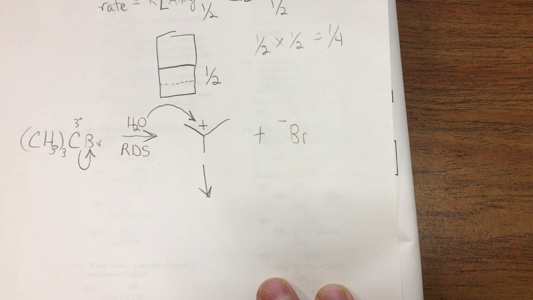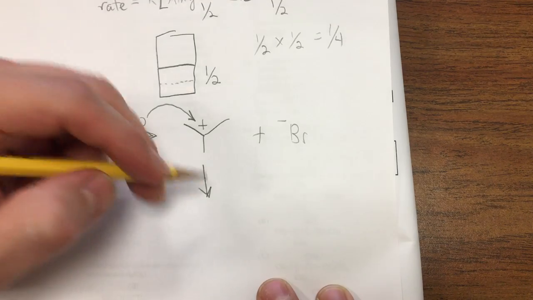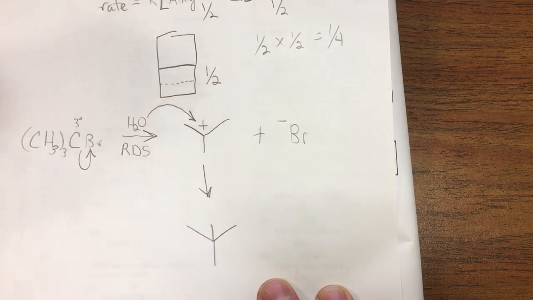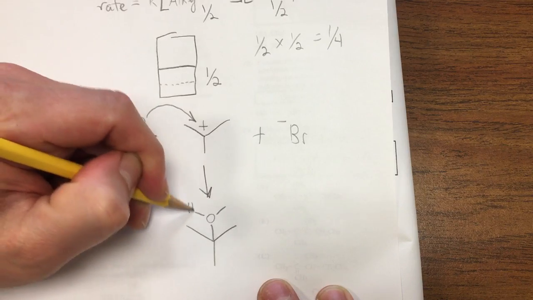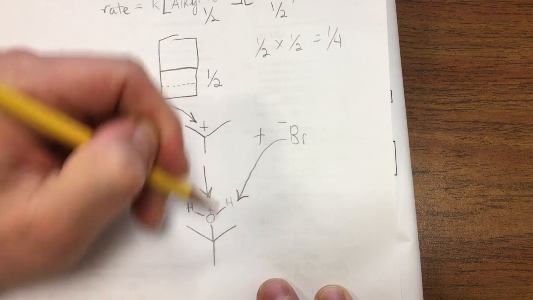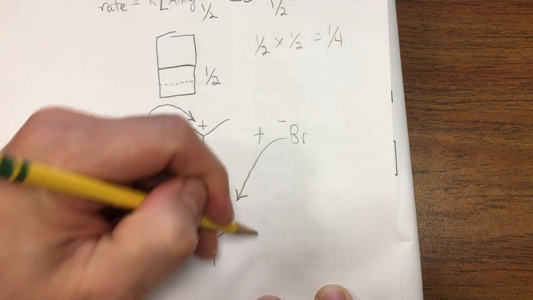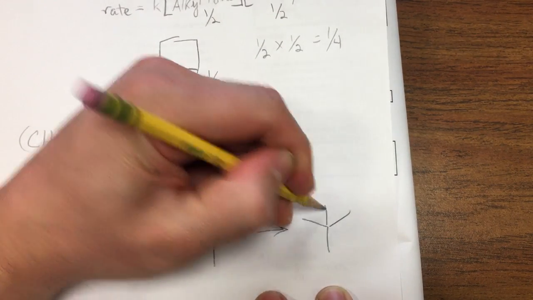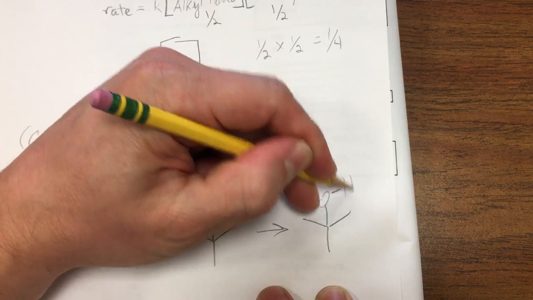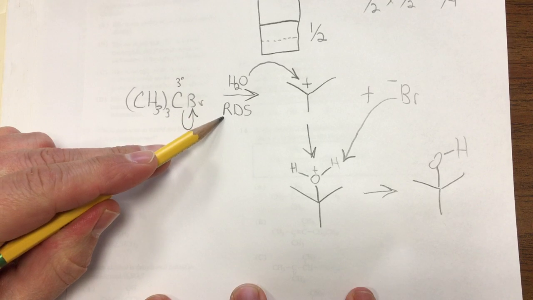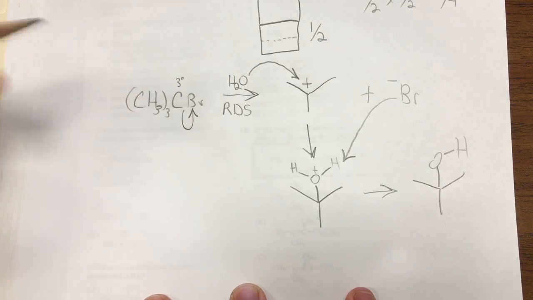Rate determining step means the slowest step in a reaction pathway. Then we will get this right here, and then bromide comes along and deprotonates that until we get the final alcohol right here. And the rate of this reaction is only dependent on this rate determining step.